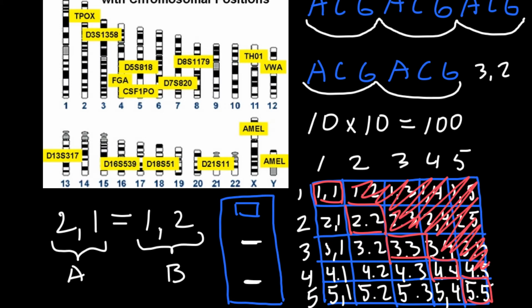The rest, or 90, we have to divide by 2, and we are going to get 45 plus 10 would give us 55 combinations. So basically we can say that 10 by 10 would give us 65 instead of 100. One more time, 65 unique combinations of alleles.